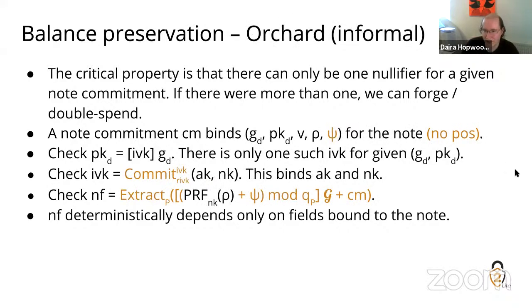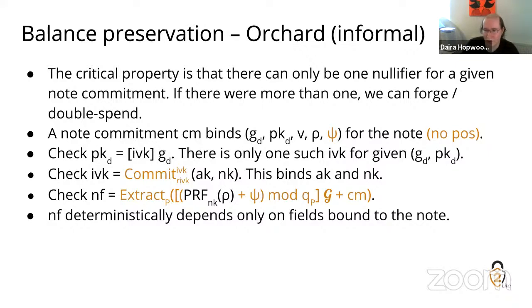So there's just a few minor changes here. First of all, we're not depending on the position in the note commitment tree. Second change is that we have this extra blinding factor psi. Again, rho is unique to the note. So the next part of the argument is the same.